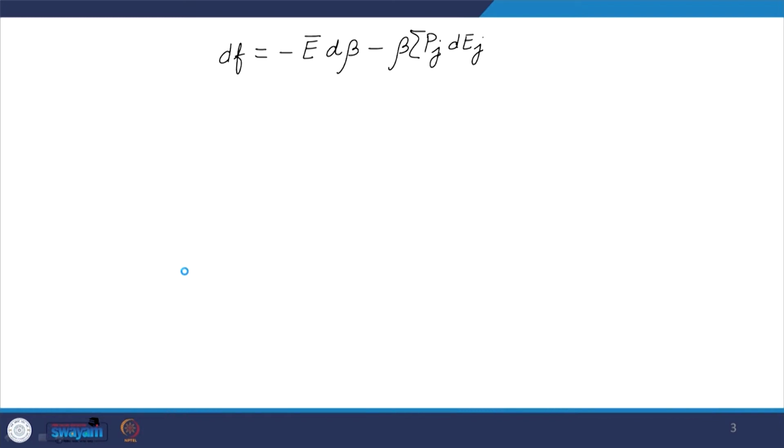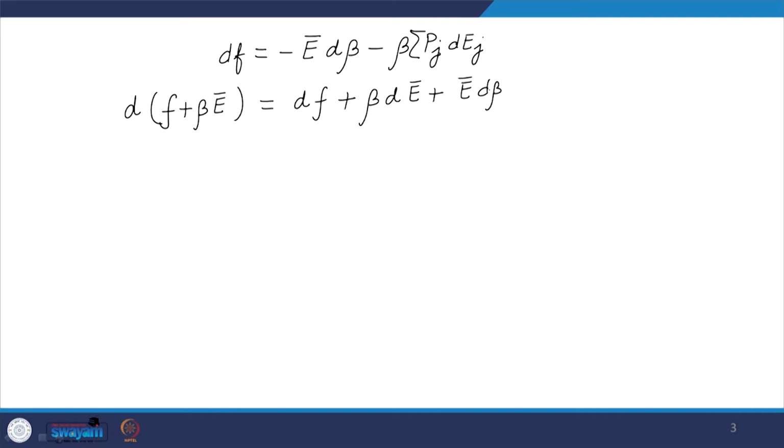So, now I can define a quantity f plus beta E bar, and for this quantity the total derivative is equal to dF plus beta dE bar plus E bar d beta.